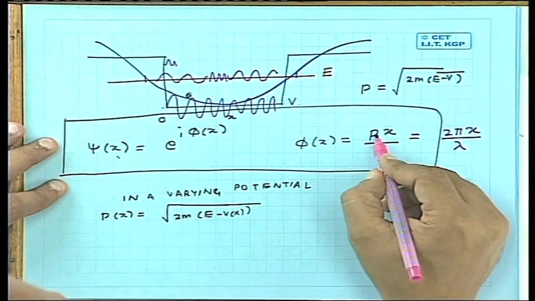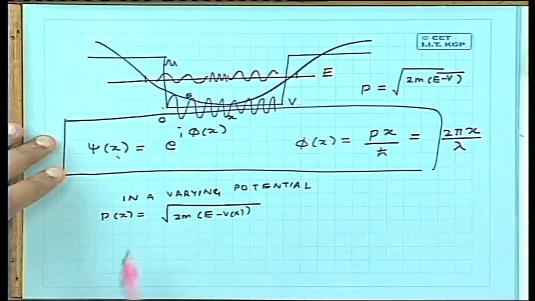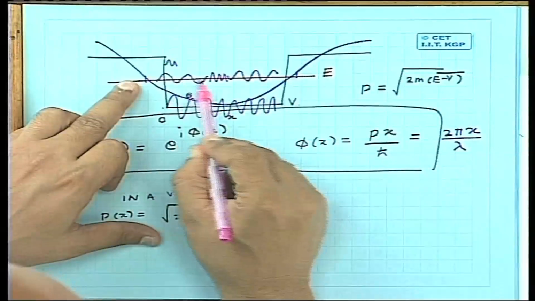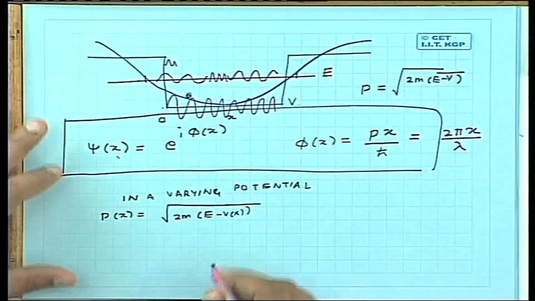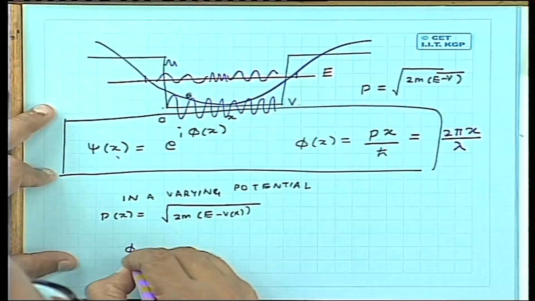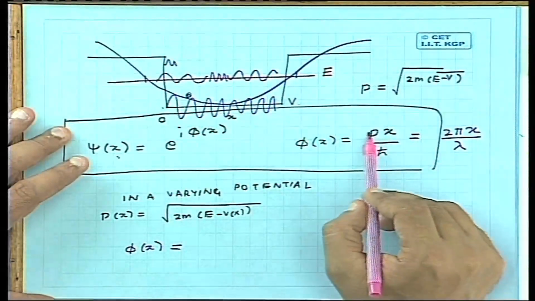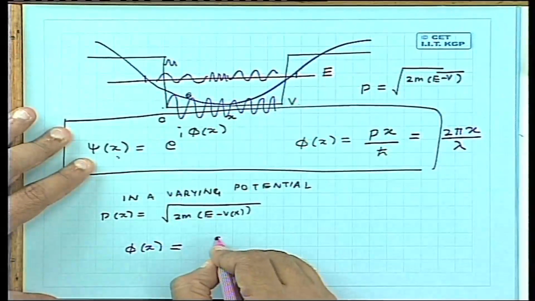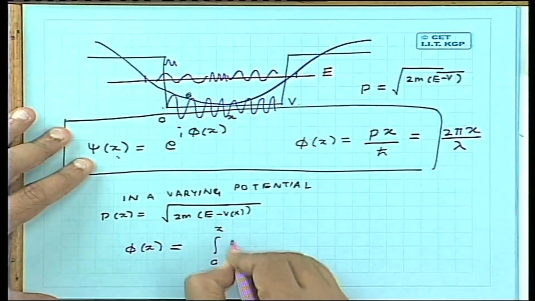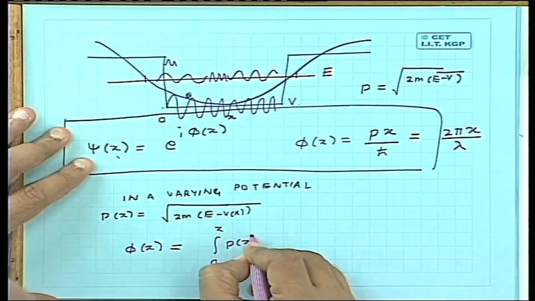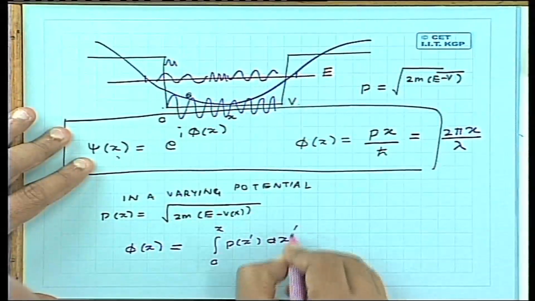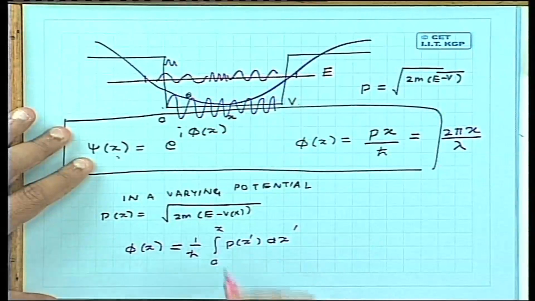Now the momentum itself is a function of x. So if I want to calculate the phase as I go across, I can no longer write it as px, I have to integrate, so it will be from 0 to x of p(x') dx', times 1 by h cross.